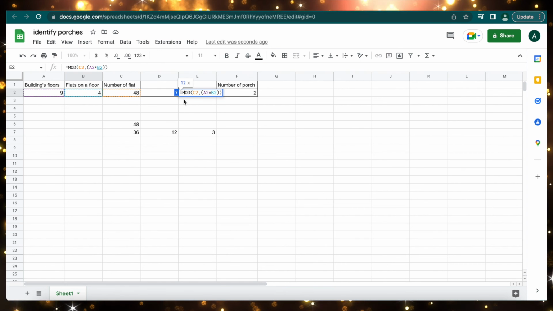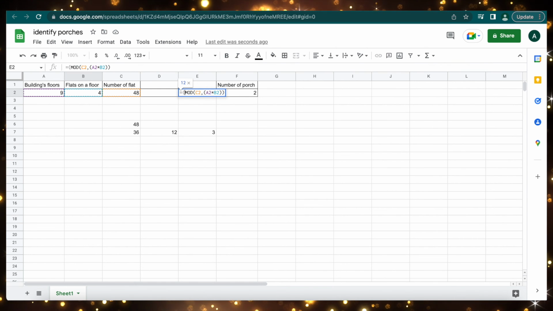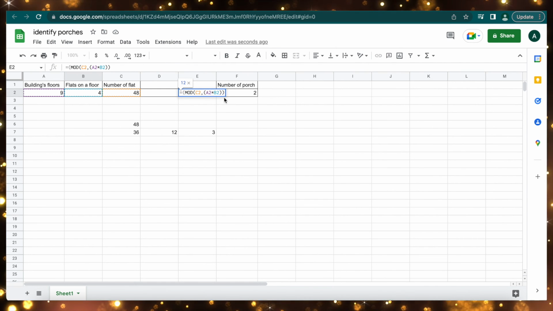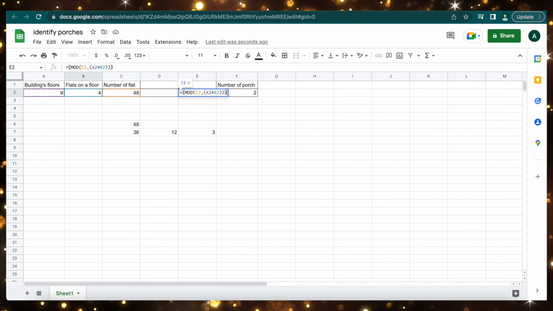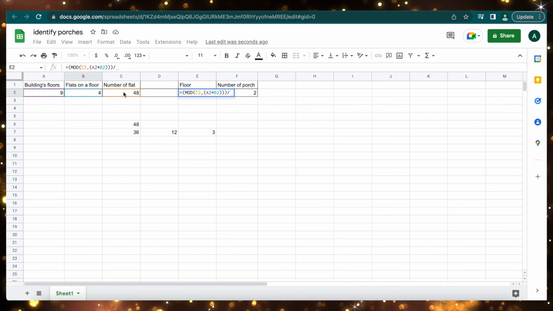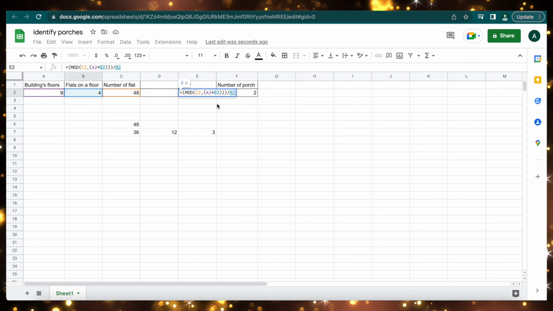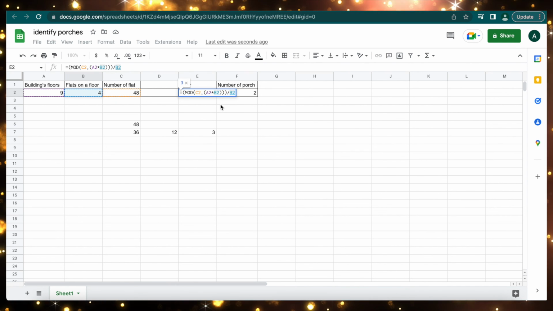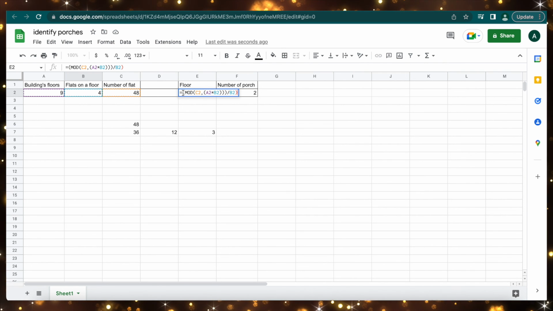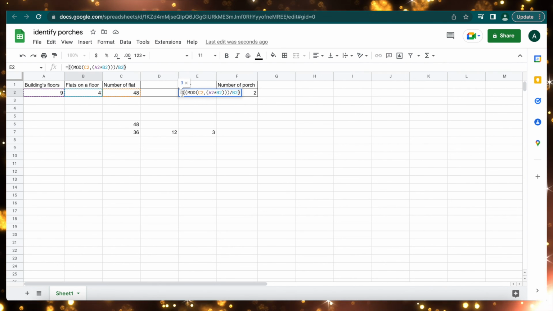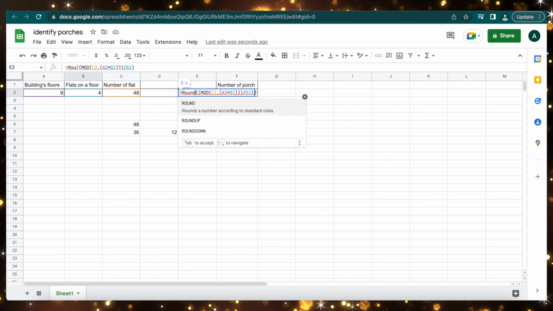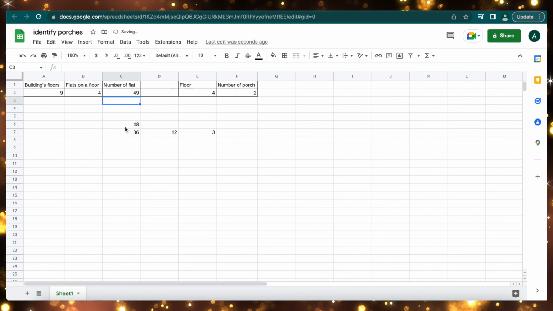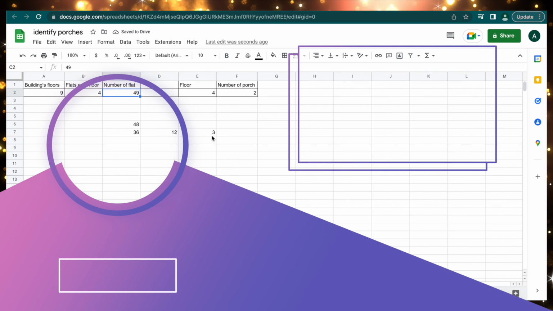After that, divide it by the flats on a floor, and close all this in brackets with ROUNDUP. And we have the correct formula.